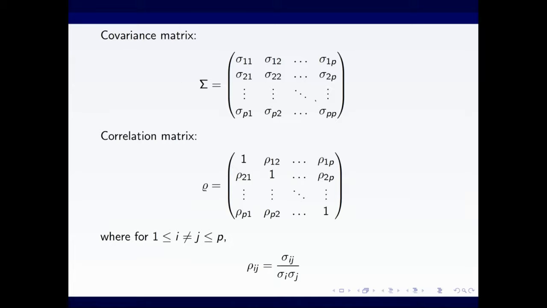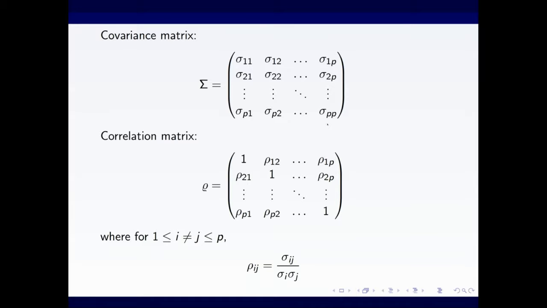So the form of the covariance matrix is p by p. We have sigma 1 1 through sigma 1 2 and sigma 1 p. Here sigma 1 1 is the variance of x1, sigma 2 is the variance of x2, and sigma p is the variance of xp.